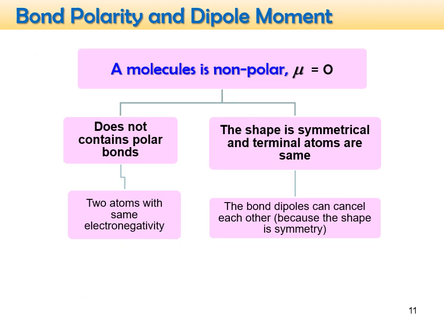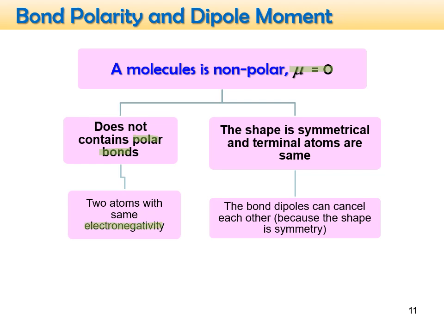Let's have a look at non-polar molecule, which means dipole moment equal to 0. So the first case, the molecule does not have polar bond. Okay, the two atoms will have the same electronegativity.